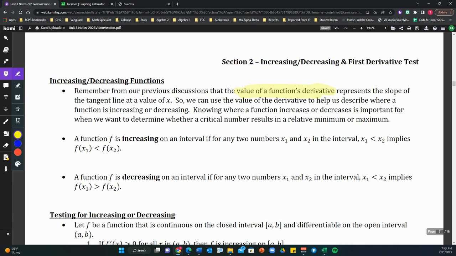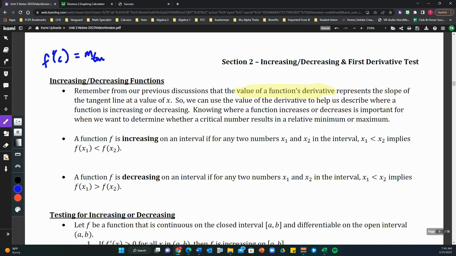And saying the slope of the tangent line is really the same thing as saying the slope of the original function f of x. Notationally, the slope of the tangent line is the same thing as the value of f prime at a particular value of x.